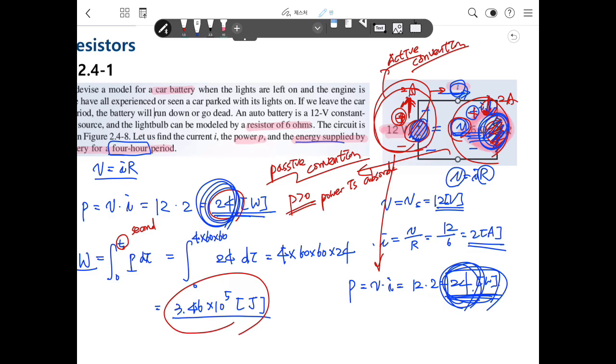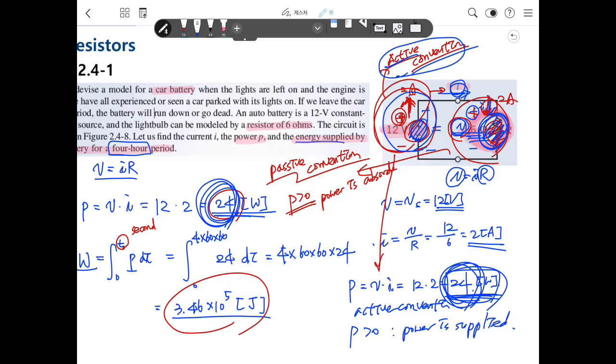Why? The source uses the active convention. In the case of the active convention, P positive means power is supplied. You don't need to be confused about that.